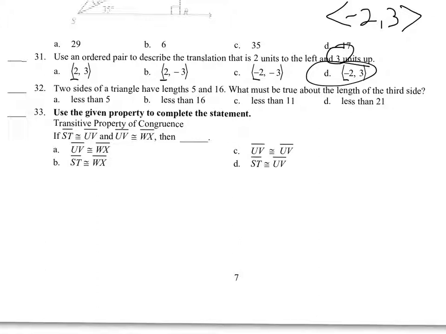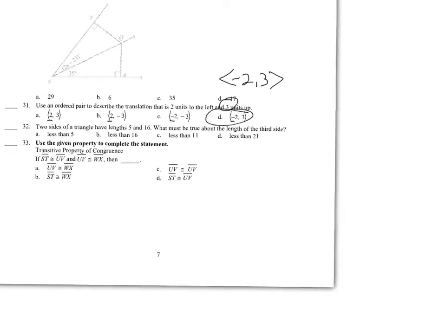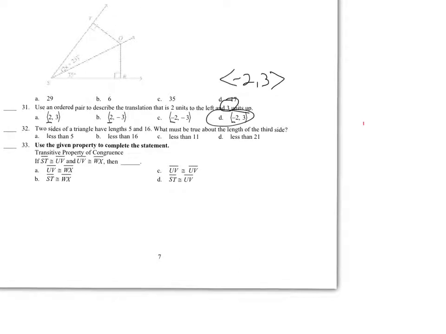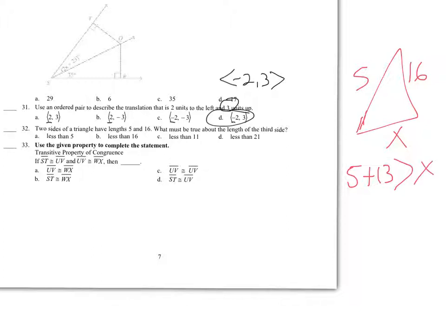Number 32, 2 sides of a triangle have lengths 5 and 16. What must be true about the length of the third side? Well, if we have a triangle, I'll draw it, and we'll say that we have 5, 16, and x, you'll remember that the sum of the 2 sides has to be bigger than the third side.